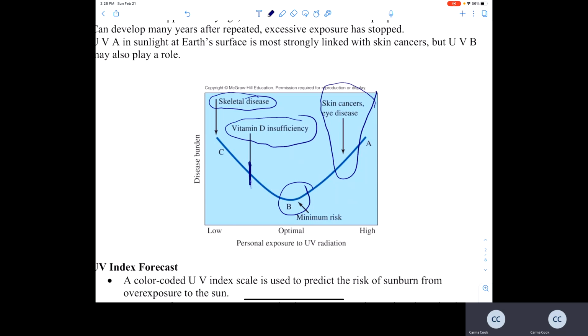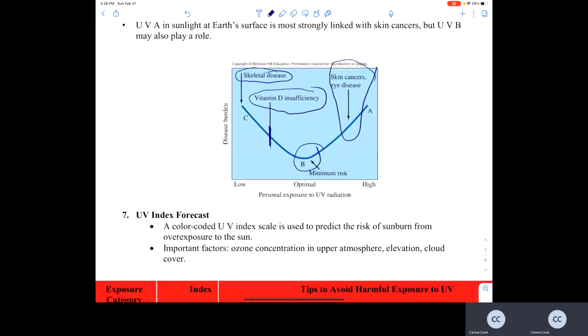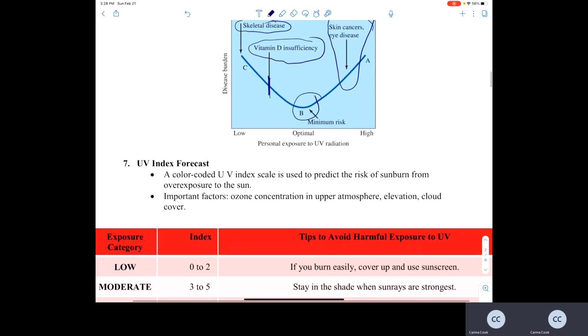And therefore, you're not getting too much exposure, but you're getting enough exposure to get a decent amount of vitamin D. You can also get vitamin D by intaking foods and beverages that are fortified with vitamin D, like most milks and lots of orange juices have vitamin D added to them.